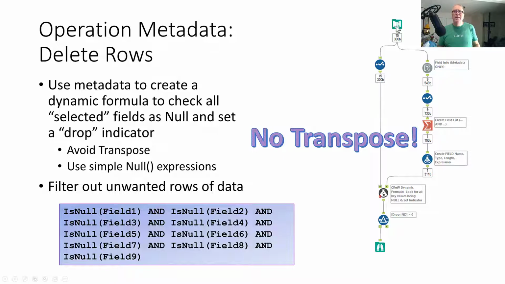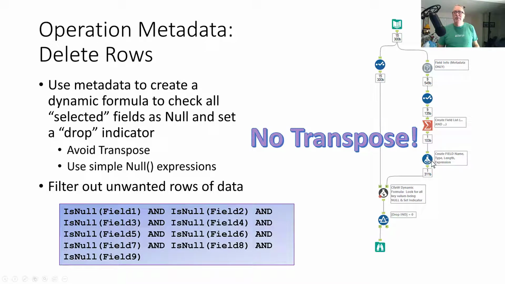Well, here comes some incoming data. And what I'm going to do is get the field information to get a whole list of what are all of the columns of data. And then I'm going to take those names and create a list of names.